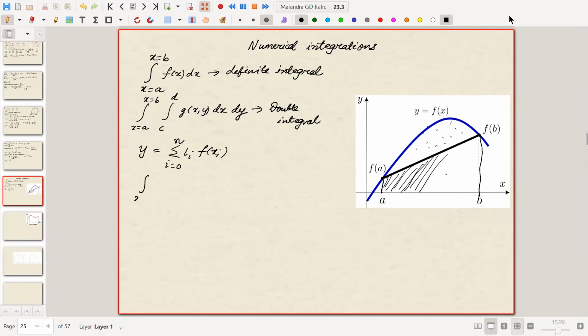So say x0 to x1, maybe a to b, I am writing the integral of f(x) dx, which can be written as, any ideas?